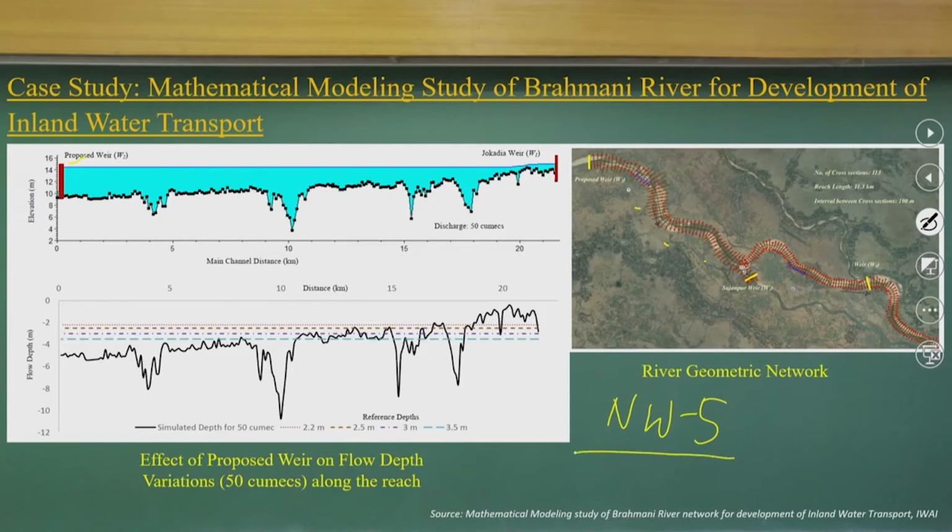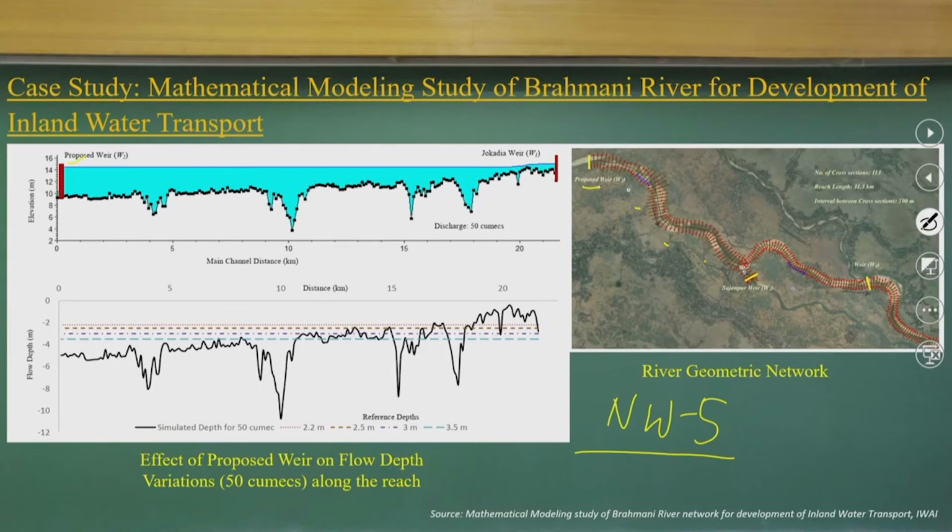This is a study we did as a hydrofluid group. We looked at the design of the proposed weirs, their dimensions and locations. All of this was done with the help of the HEC-RAS model, with very detailed bathymetric data, bed material data, all integrated.